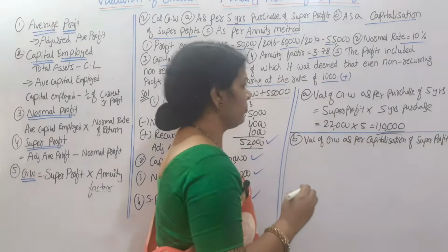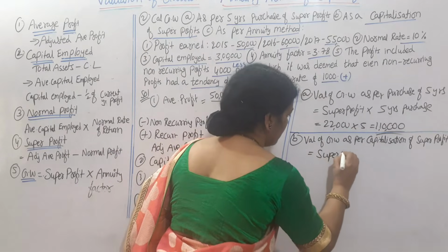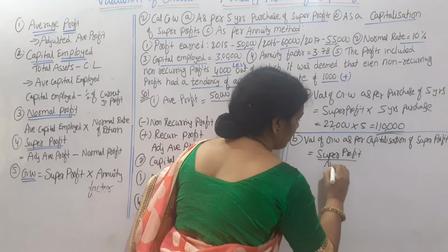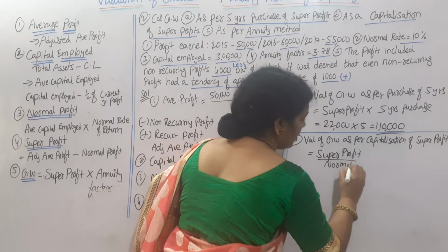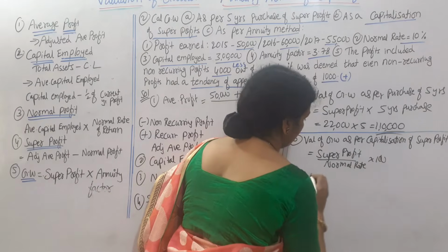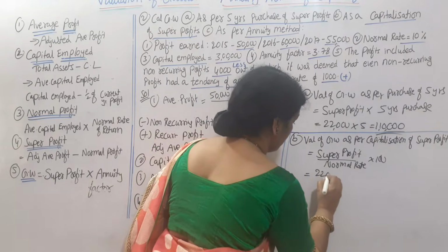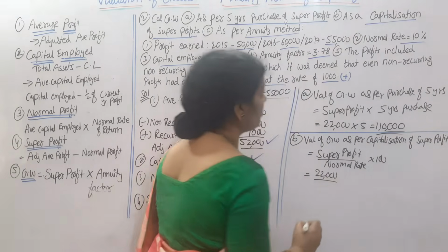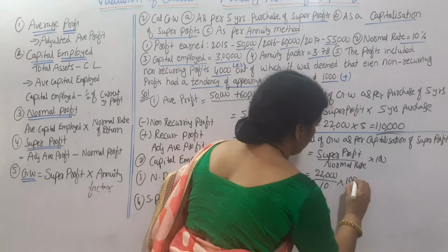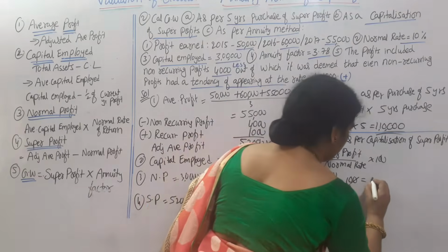Did you remember? The formula is super profit by normal rate into 100. Super profit is here, you know, 22,000. Normal rate is 10%, so 22,000 by 10 into 100, 2,20,000.